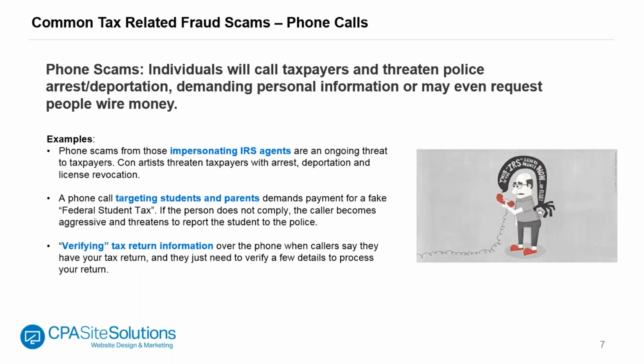And then they threaten to report the student to the police. Probably the most prevalent one is the third one, where people call over the phone to verify tax information. It's very smooth in the way it's done, when they have just enough information, your name, address, and then say, if I can just verify your Social Security number. And you as CPA firms or practitioners know that the end result of this is to file fraudulent tax returns.